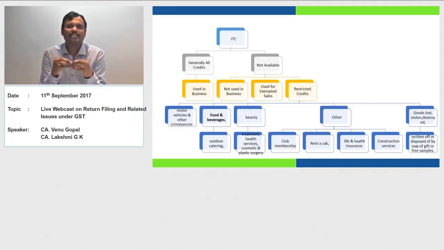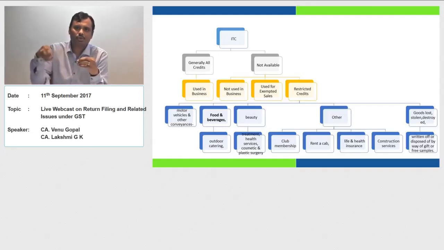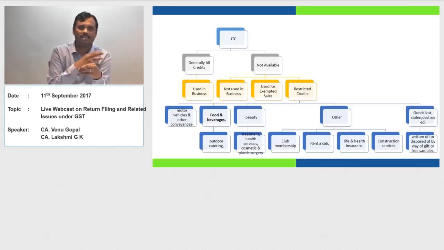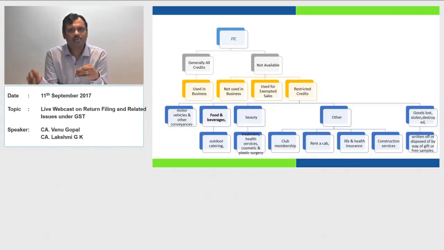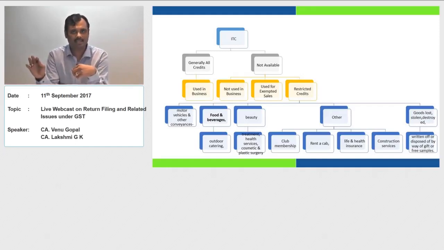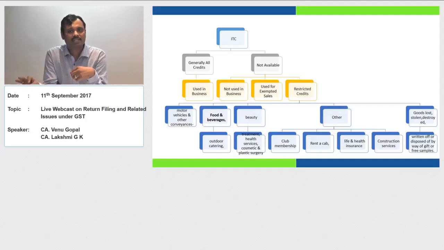One condition for you to take input tax credit is that the inputs are used in the business, and such inputs are to be used for taxable supplies. If the inputs are used for an exempted supply, you will not get the input tax credit.